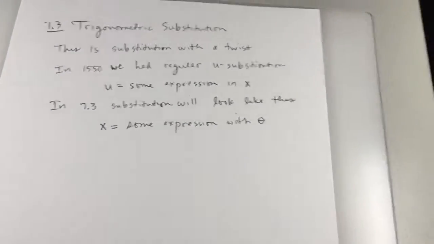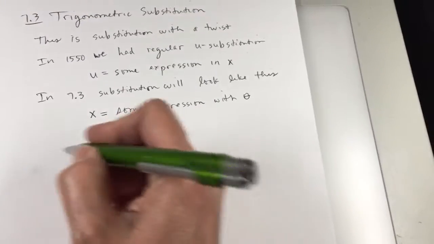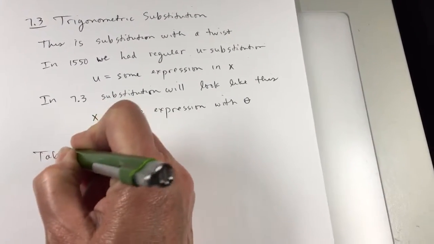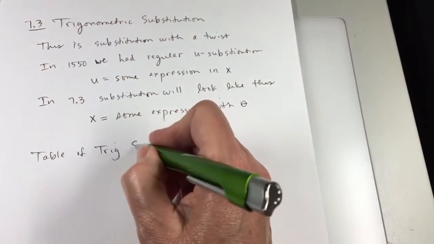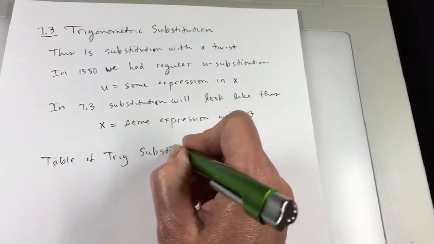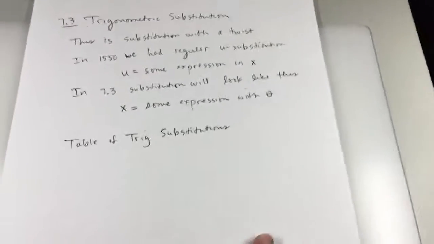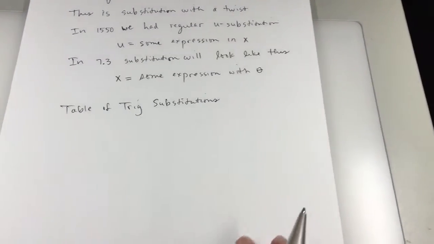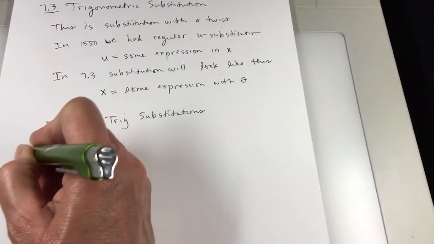In your book, there is a table of trig substitutions, and it looks like this. It's 3 columns.